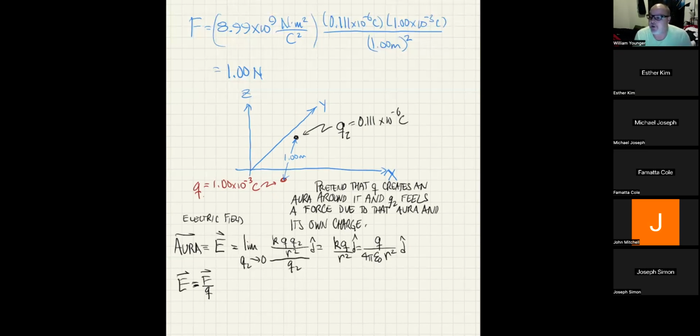We're just saying, hey, we're going to make it so that Q2 is so small that we eventually get it where it's the same answer to however many decimal places we want, no matter how small we make Q2. We just keep making Q2 smaller and say we want it to 2 decimal place accuracy. If Q2 is big and we divide the force by Q2 and the first or second decimal place changes, then we got to make it smaller.